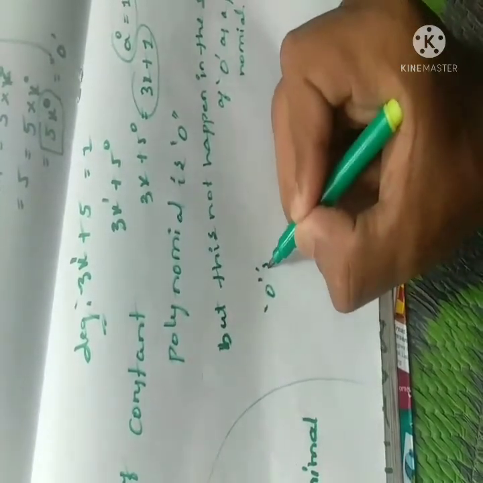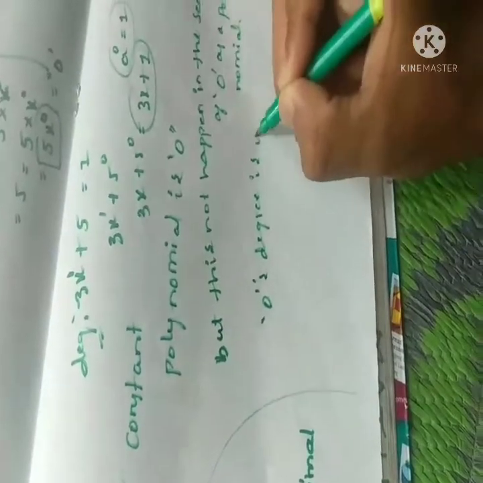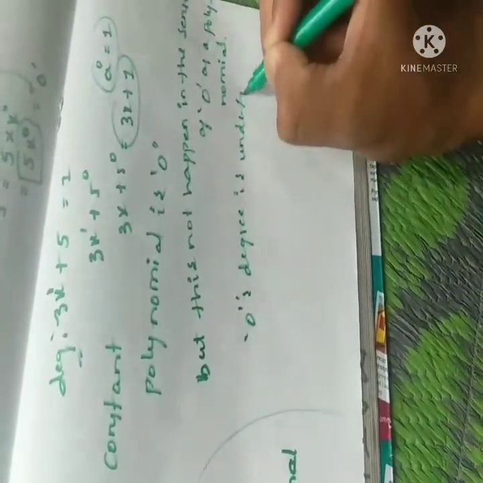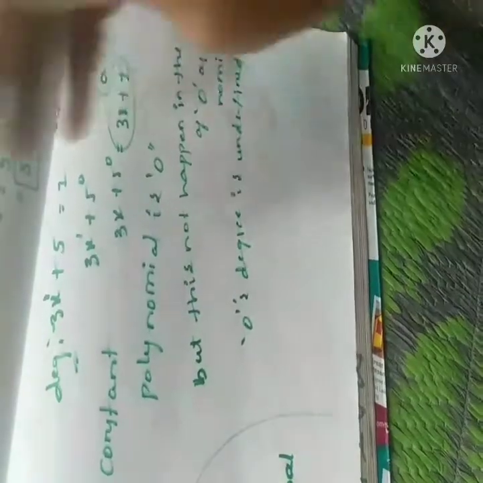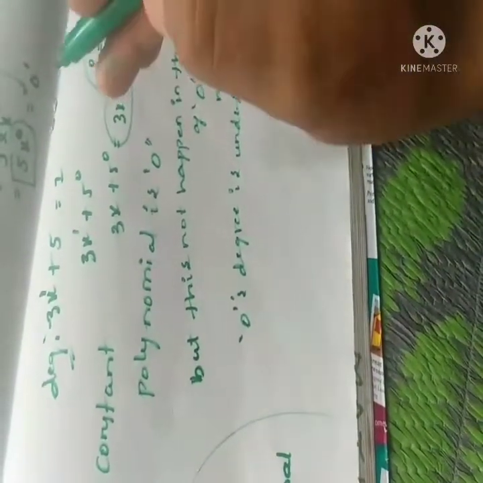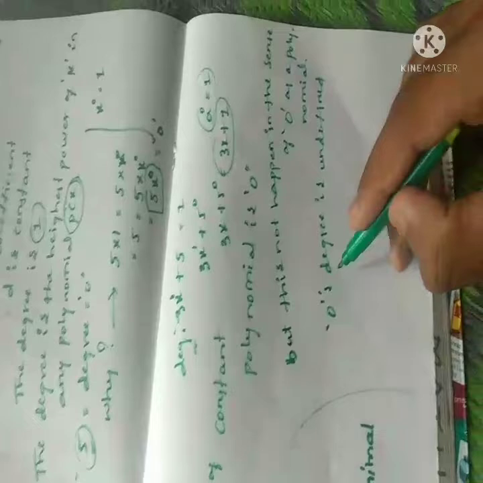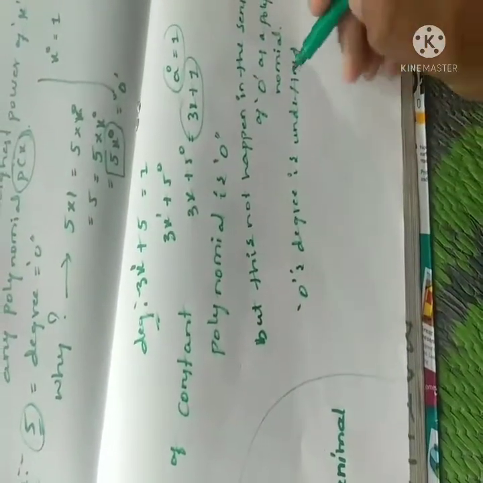Zero's degree is undefined. Except for 0, this will be possible for any constant value. If you include the 0 in this, then it is called the zero polynomial, but it is not a constant polynomial. The degree of 0 is undefined.